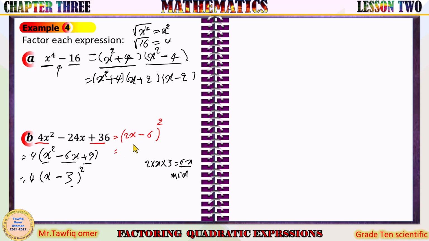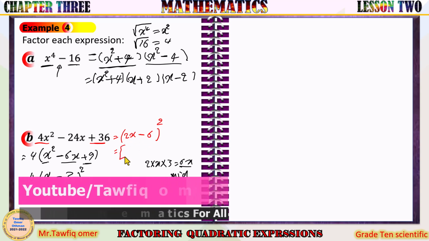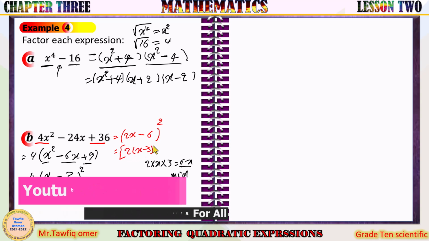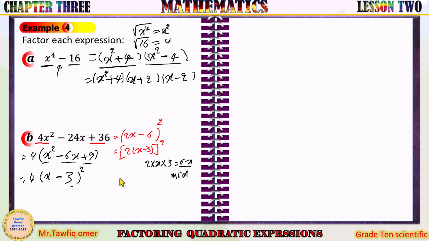After that, we can take 2 as a common factor. Inside the bracket it becomes 2 times x minus 3, all of it squared. After that, give the square of 2 to the 2 and to the bracket, it becomes 2 squared is 4, and x minus 3 squared. They are the same answer.